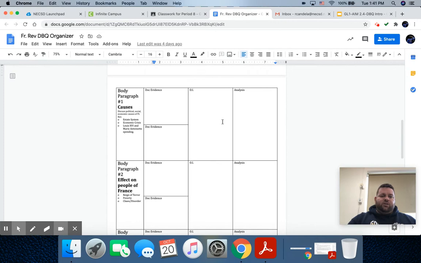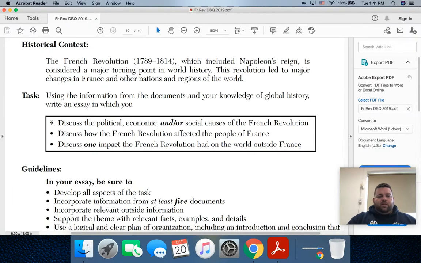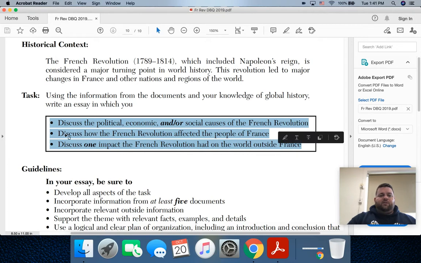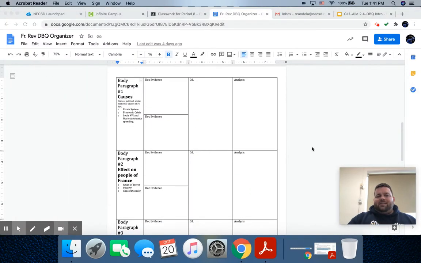These correspond with the bullet points here. First is causes, second is impacts inside of France, last is impacts outside of France. So the graphic organizer is built the same way.